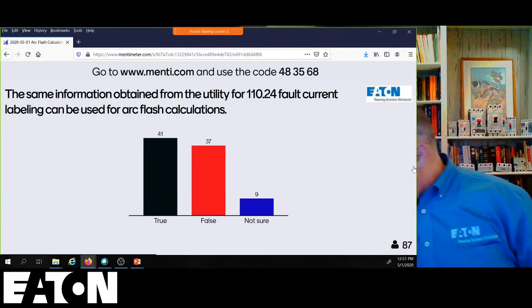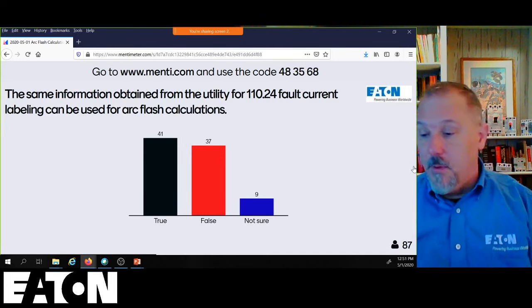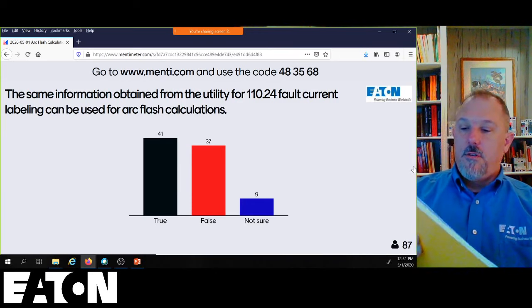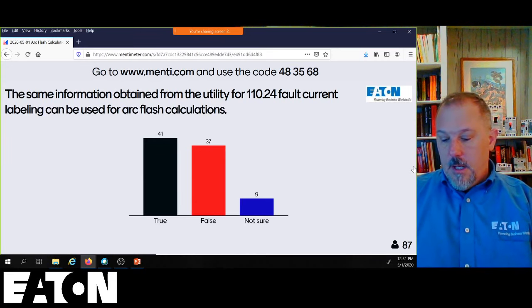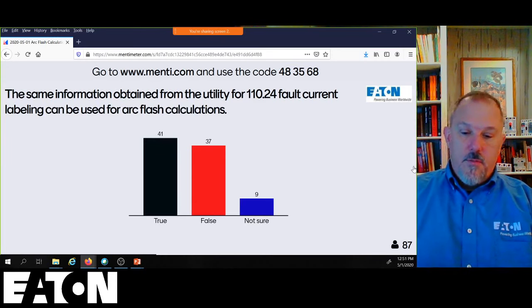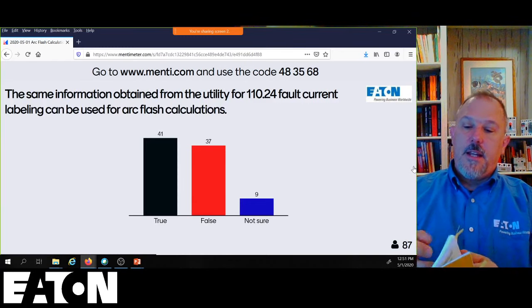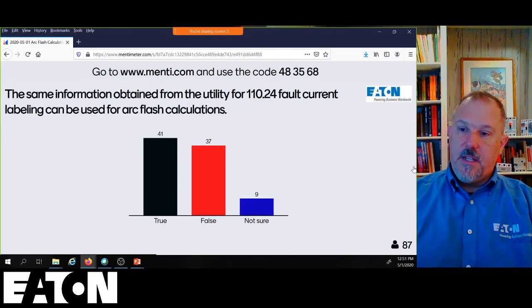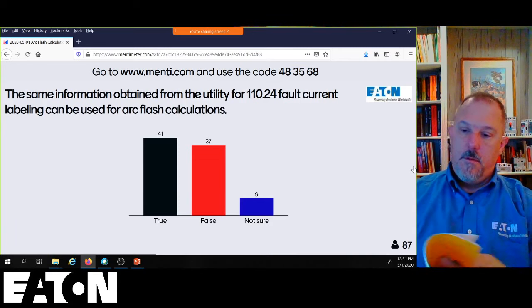Now, if I grab my 70E book, there are two methods in here. There's the calculation method that you're going to look at, and I believe that's in 130.7. Nope.